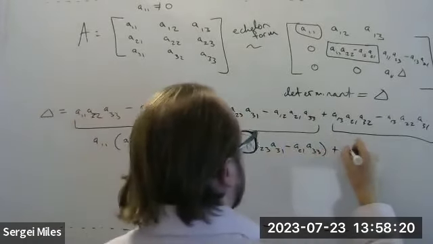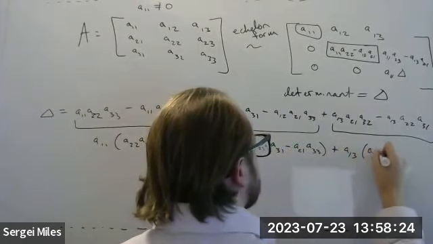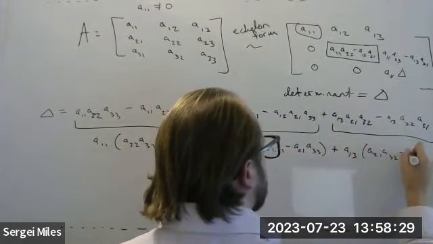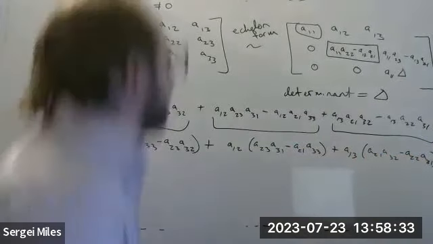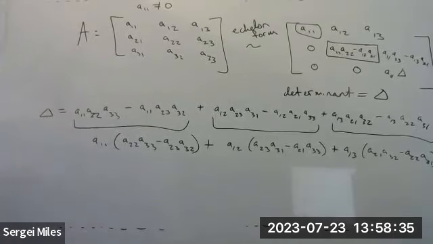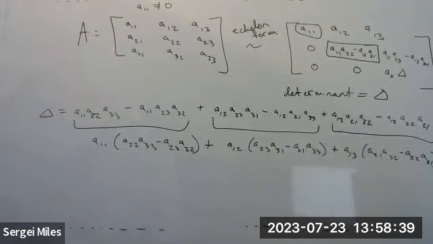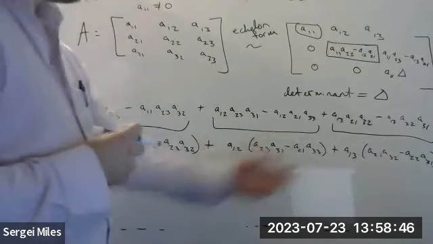And then I have an A13 in common for the third term. Okay, so what's happening here? What's this pattern? Well, I have A11 times something. That's the first entry of the first row. And then I have A12 times something. That's the second entry of the first row.